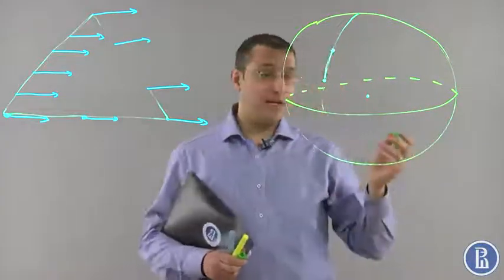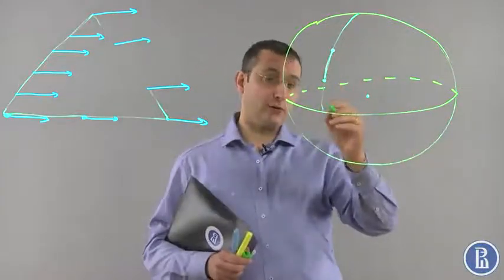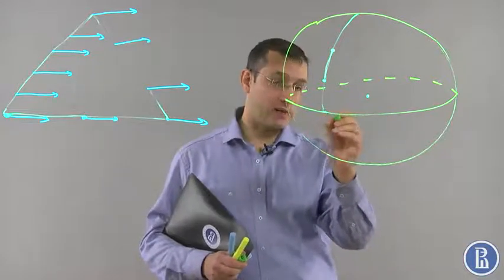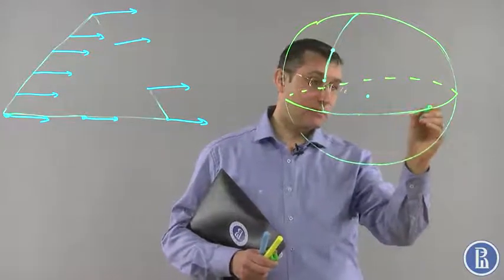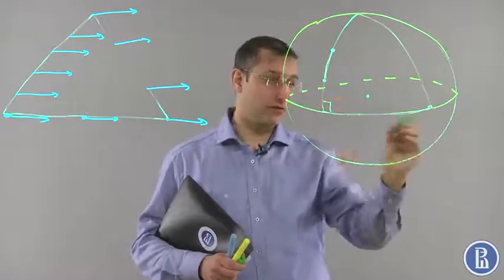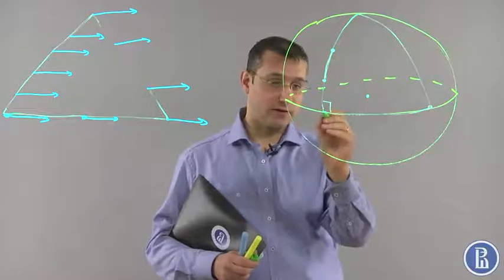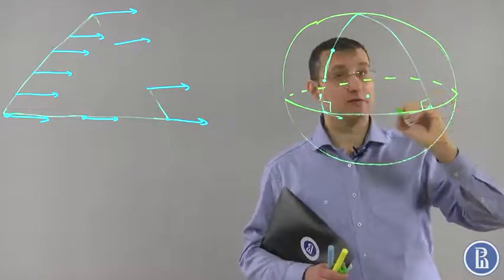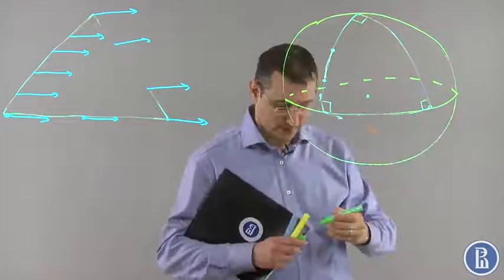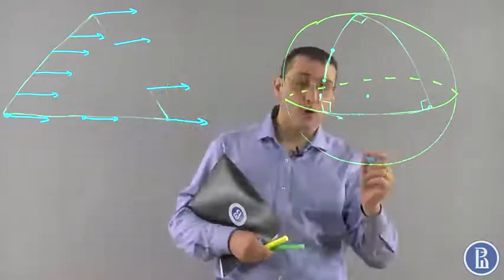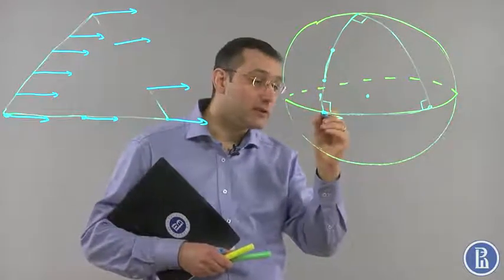So let me take the following triangle, which consists of 3 segments of different equators, which are orthogonal to each other. So it's orthogonal here. The angle between tangent vectors here and here is orthogonal. So here is also orthogonal, and here also orthogonal. And now let me take parallel transport of a vector which is sitting here.